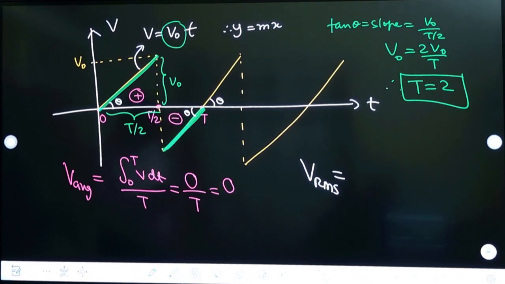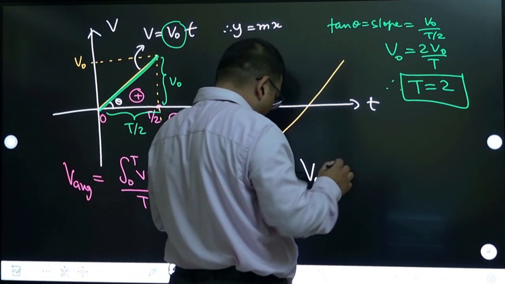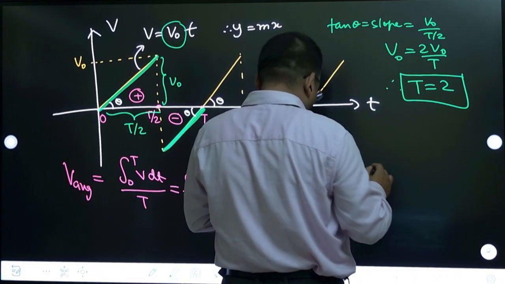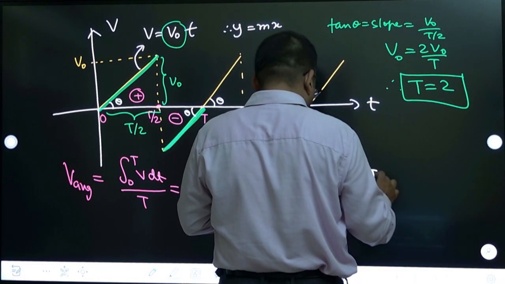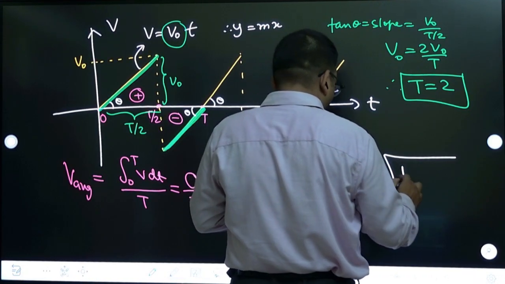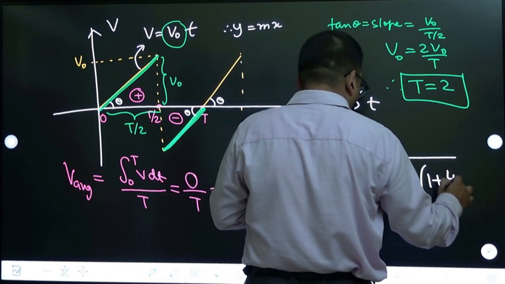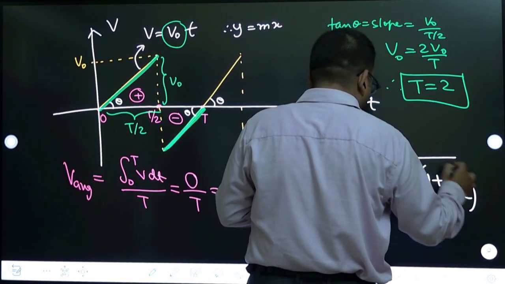RMS formula we derived, I don't want to do that same calculation again. This one was the formula. I will write it again: V naught t root under 1 by 24 times 1 plus 4 by t square. Correct? Check that.